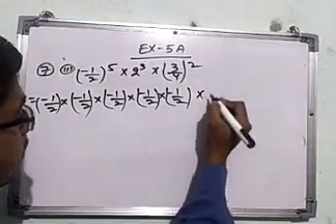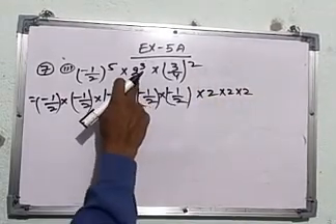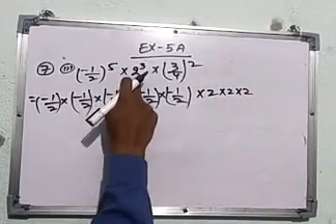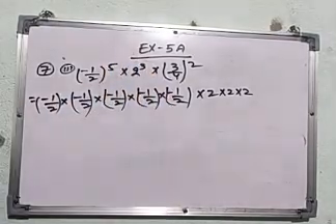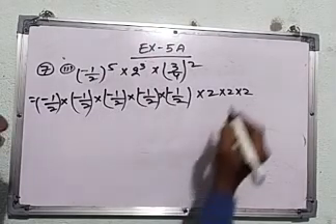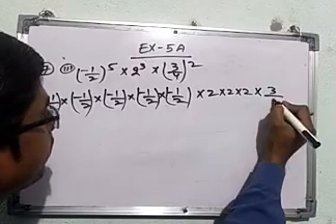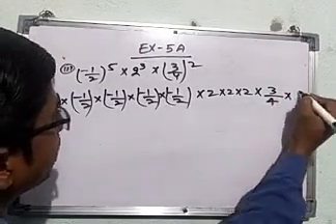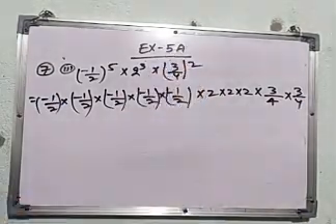Next you write 2 into 2 into 2, because here 2 power 3, the index is 3, the exponent is 3. So you write 2 into 2 into 2. Again you write 3 by 4 into 3 by 4 two times, because here you see 3 by 4 power 2.